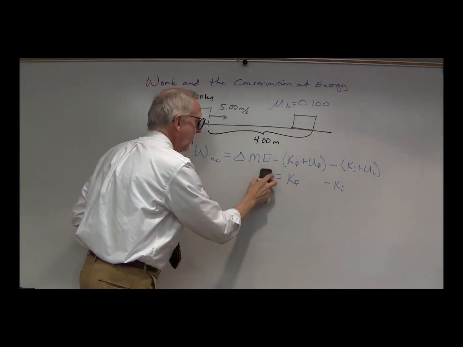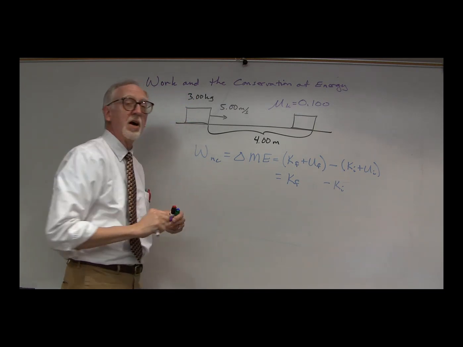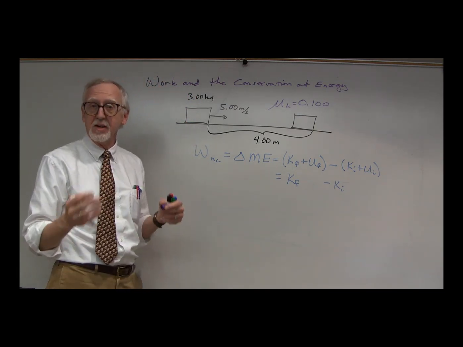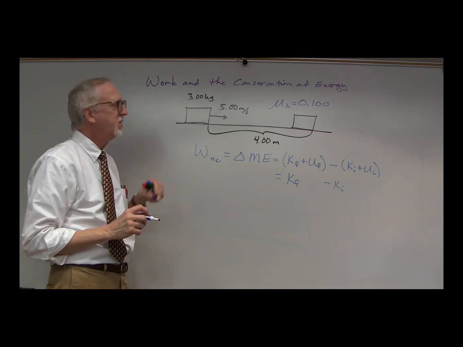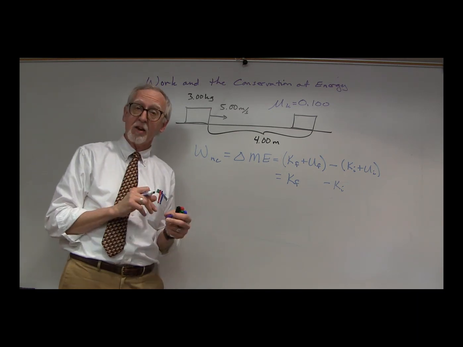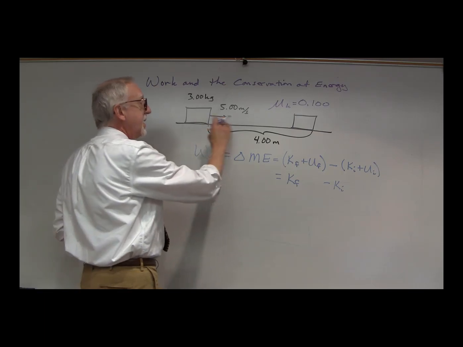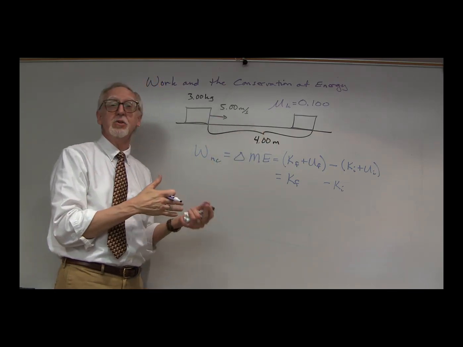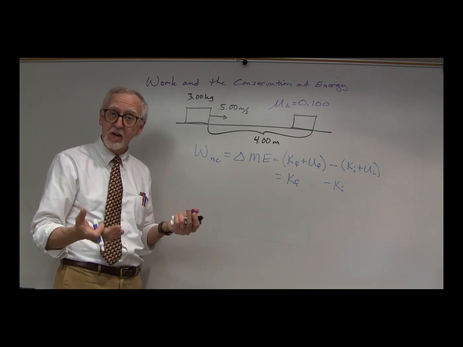So now we're going to have some work done. This is not 0. We're going to have some work done by the non-conservative forces. Friction. We're going to have some kinetic friction. So what is the work done by the kinetic friction? Well, in this case, we can assume that the magnitude of the kinetic frictional force is a constant.